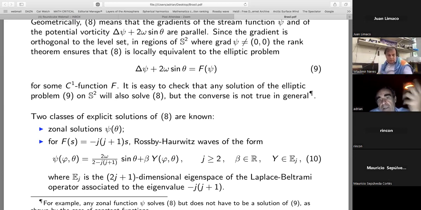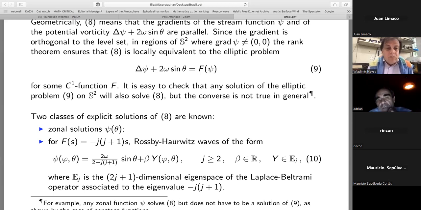Okay, and the eigenvectors are these spherical harmonics, or, I mean, they are known. They are polynomials, and these waves are called Rossby-Haurwitz waves. And they have an interesting story. Rossby was a Swedish geophysicist who derived them in planar geometry, and then Haurwitz was an American physicist who generalized it to a sphere.